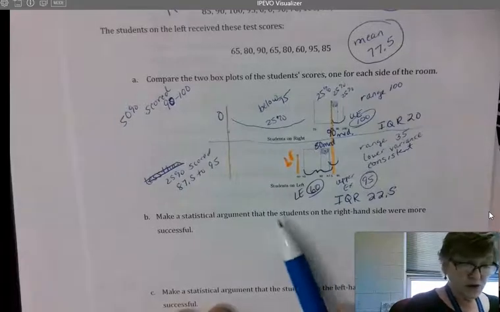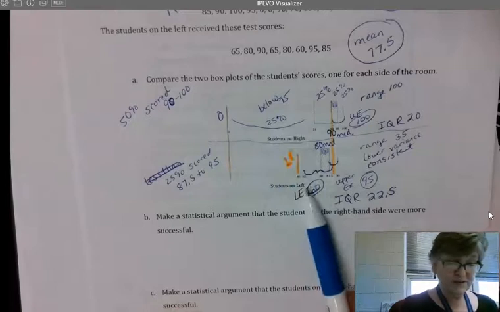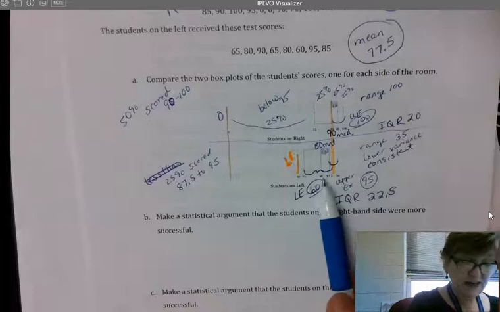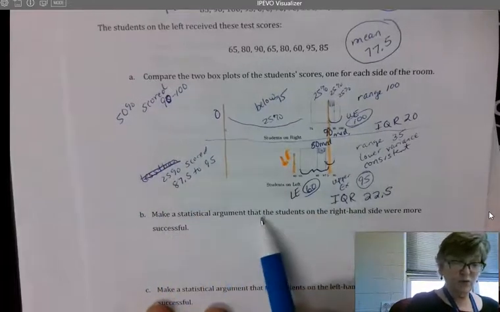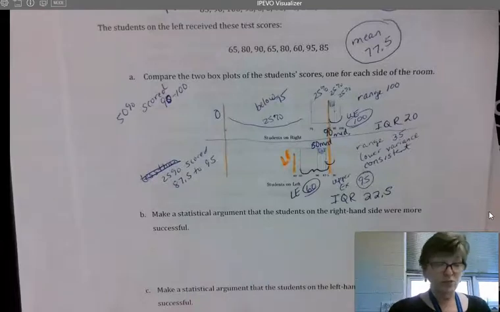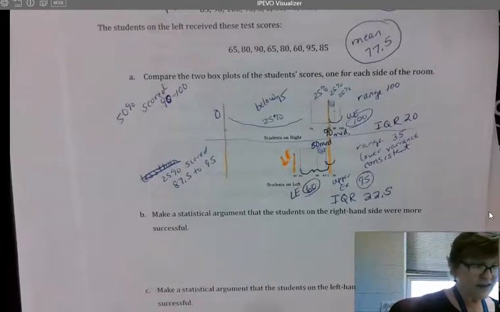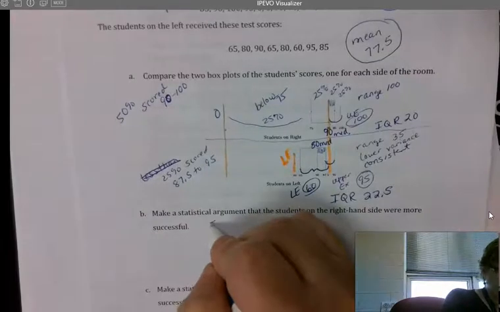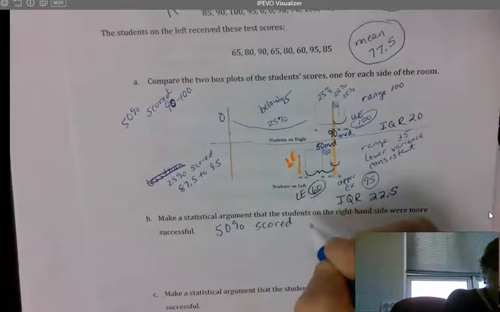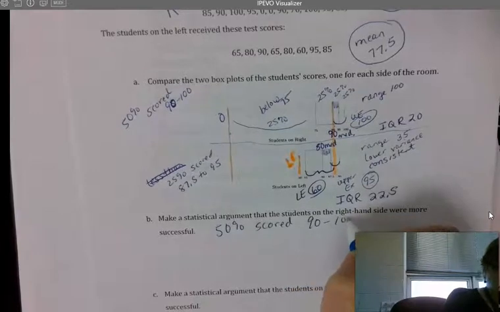Okay, so looking at some of these different pieces of data and doing some comparisons, if we wanted to make a statistical argument that the students on the right-hand side were more successful, one thing that we could say is 50% scored 90 to 100.